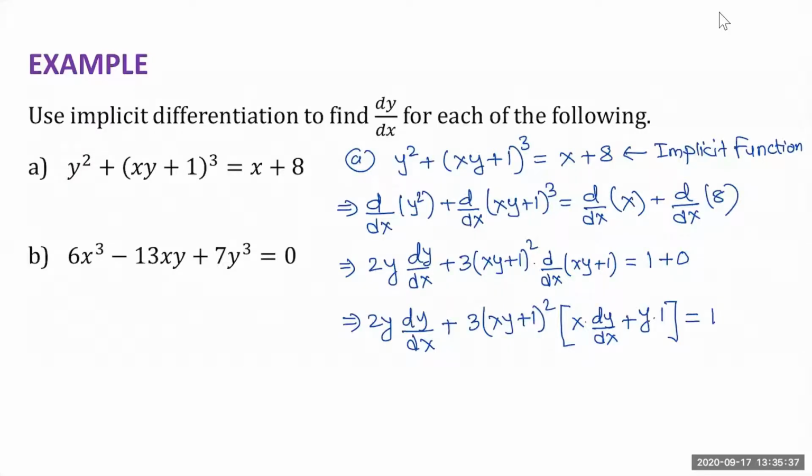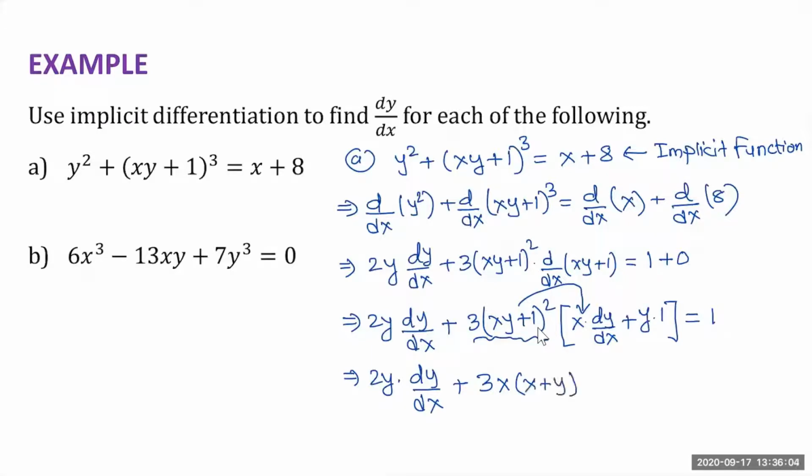Okay, now we have 2y multiplied to dy over dx plus, I am going to distribute this. So if I multiply this with that, what we get is, here is 3 times x. That will be 3x. And also I have xy plus 1 squared.